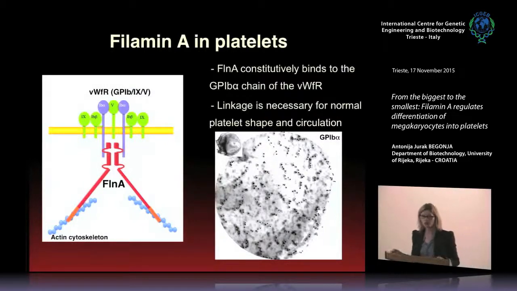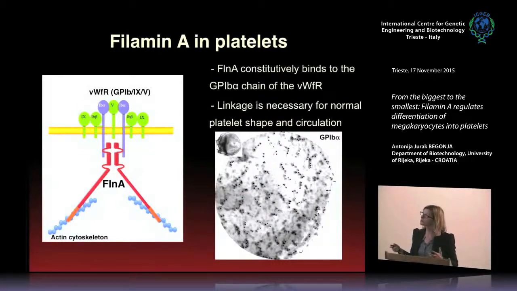So this connection of von Willebrand factor receptor and Filamin A is important for platelet shape and circulation, which I will show you in my next slides. And here are electron microscopy stainings of the von Willebrand factor receptor. So every dot is one receptor, and if Filamin A is present, these receptors are aligned in these linear arrays.